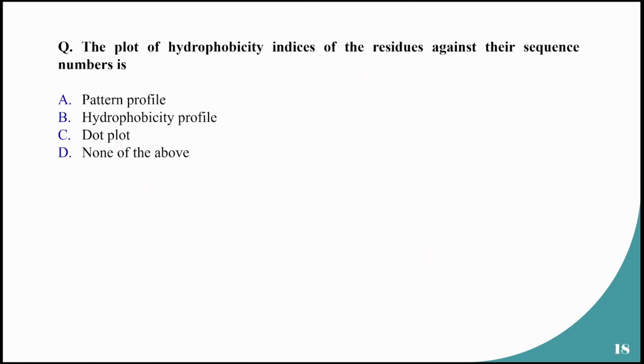And then Professor Gomes also talked about hydrophobicity profile, right? So hydrophobicity profile is basically you include the hydrophobicity indices for the residues against their sequence number, right? So any such plot will look like this. For example, in this case, you have the residue numbering here, and the hydrophobicity value mentioned on the y-axis, so the plot you will see will look like this, right?